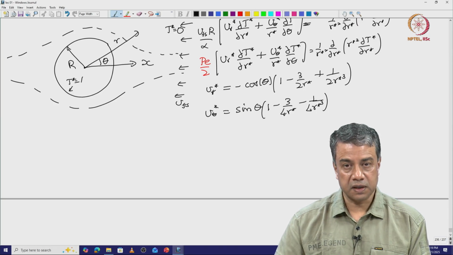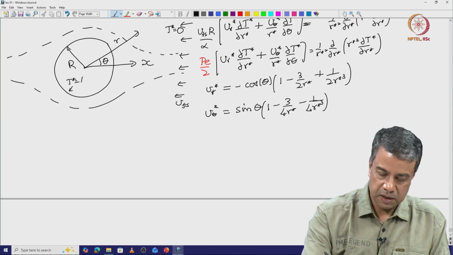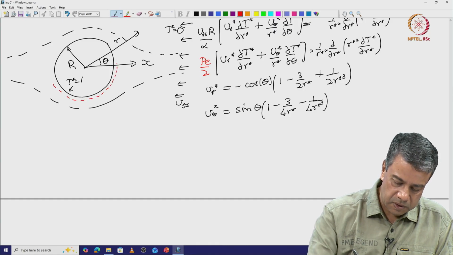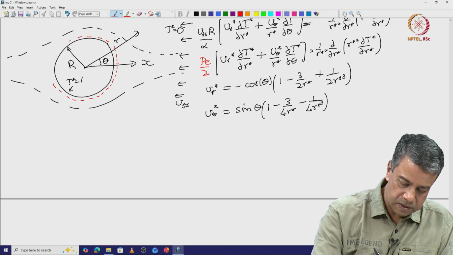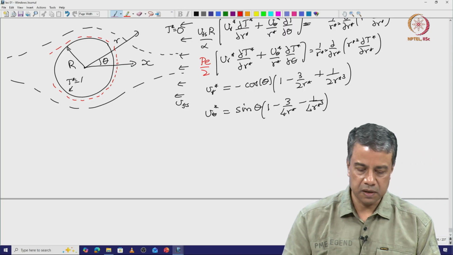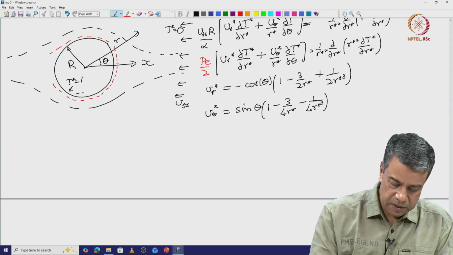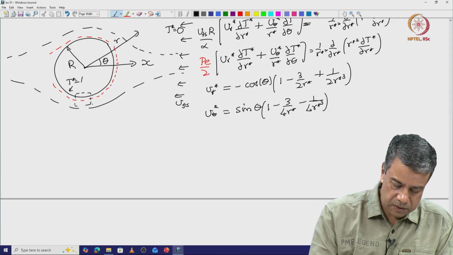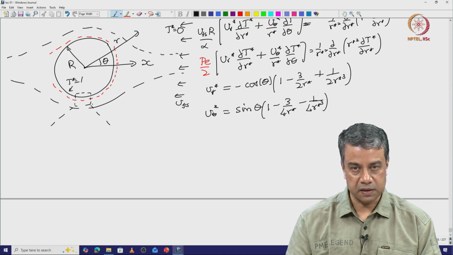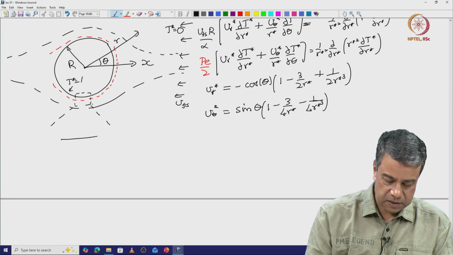However, we know that in the limit of high Peclet number, the effect of the heating will be restricted to a small region close to the surface. Therefore, we can focus our attention on this region, of thickness, the boundary layer thickness delta, at the surface.